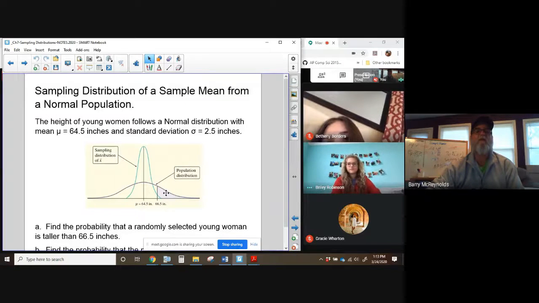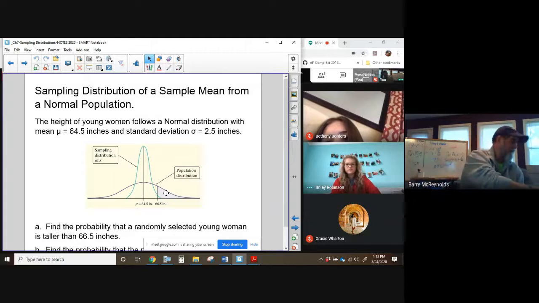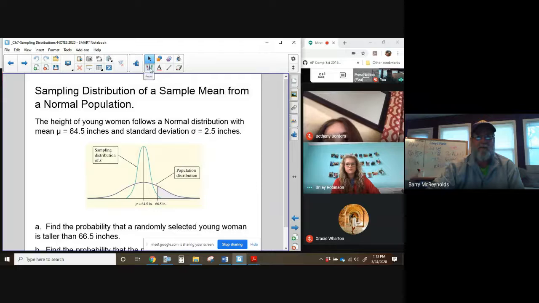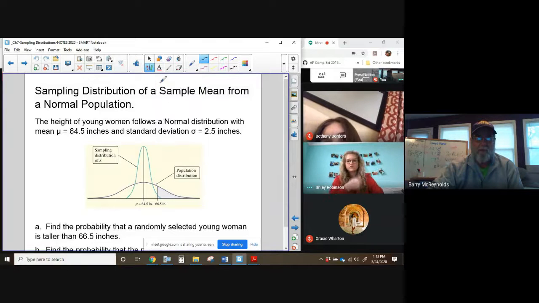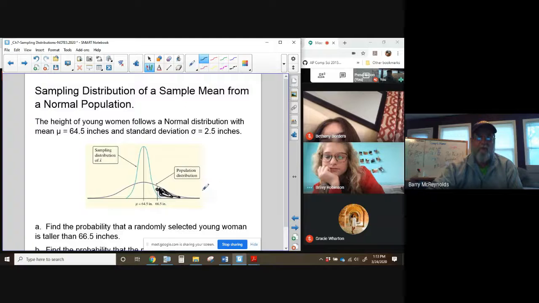The area that we're looking for, I wonder, let's see. Can I mark on this? Let's try it. Yeah, we'll just try a pen. Look at there. Okay, the area we're looking for is this area right here, to the right of the goalpost.